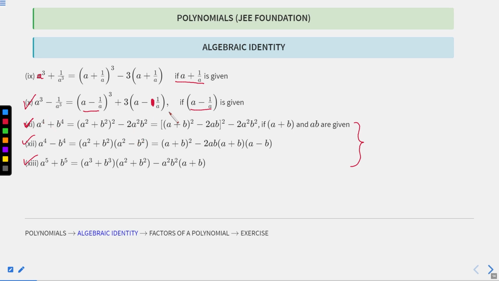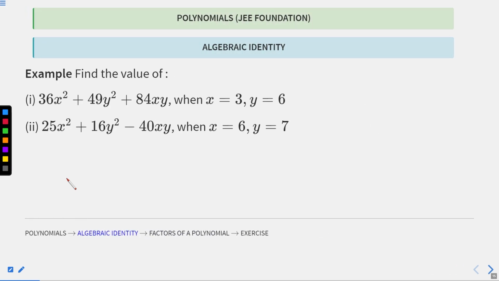Just give your attention to these formulas, the identities. Now we simply jump to our exercises or examples to understand the identities and how we are going to use them. Let us see through an example.